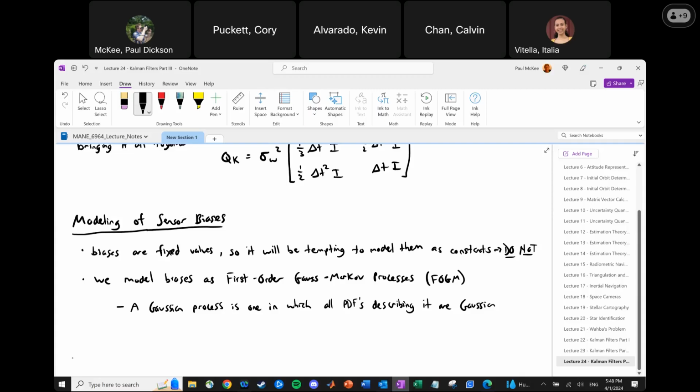That's the idea. So in this case, a Markov process is one whose probability density function depends on the previous state.